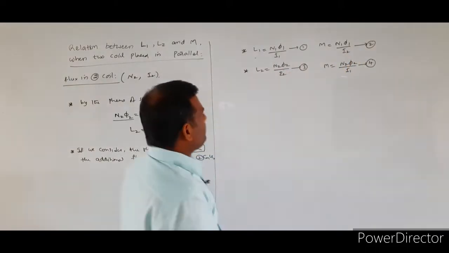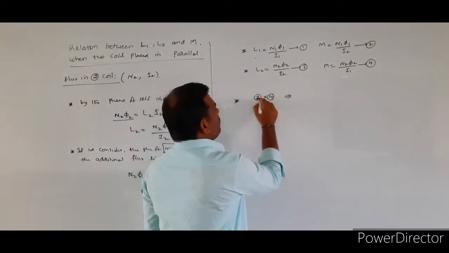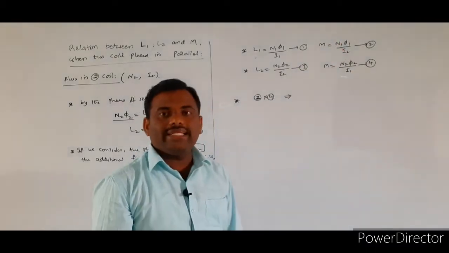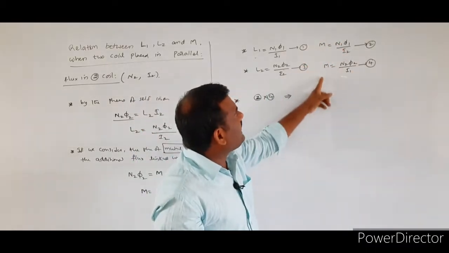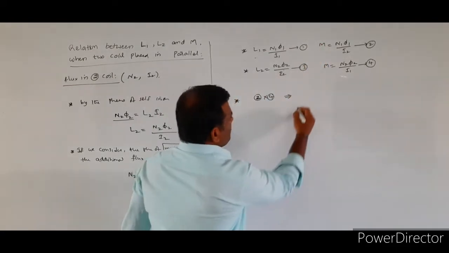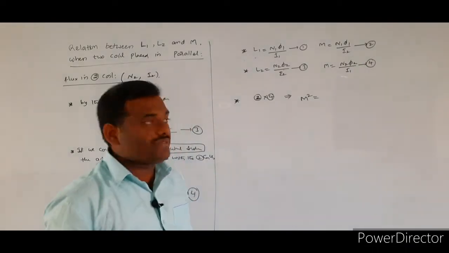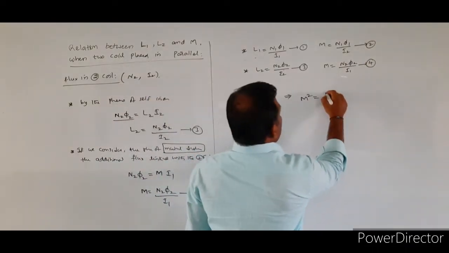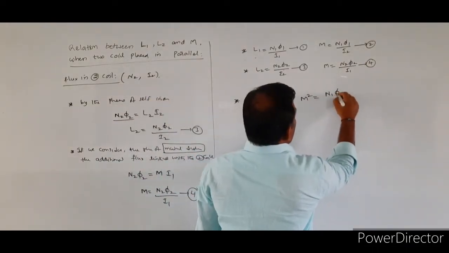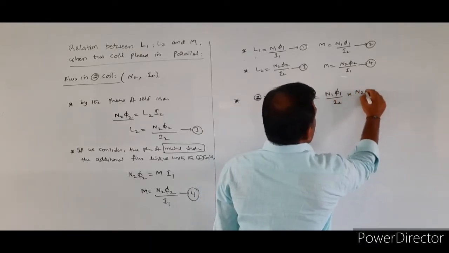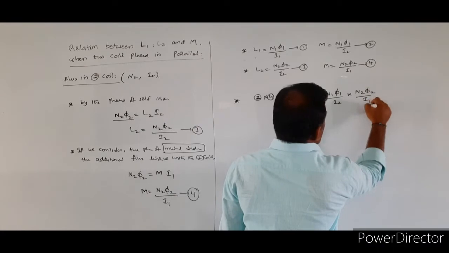So here equations 2 and 4 are multiplied together. The left side term M into M becomes M square. And the numerator terms are N1φ1 by I2 into N2φ2 by I1.